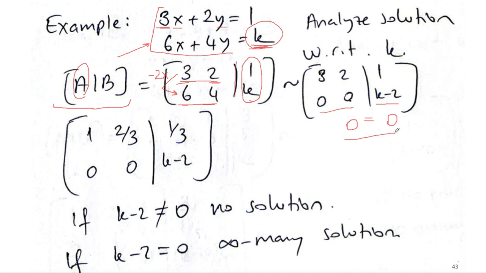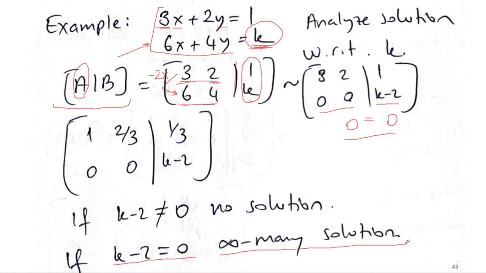In order to have this condition, k is going to be equal to 2. So if k is equal to 2, we end up with infinite solutions because we have two unknown variables, but only one equation.